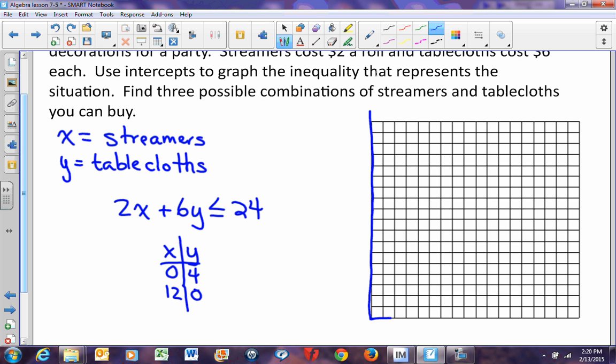So I'm going to use quadrant 1 here and only quadrant 1. So I'm going to draw my axes. I can call this my x-axis and I can call this my y-axis. And I can even label my axes, and I can call this number of streamers. And I can label this number of cloths.